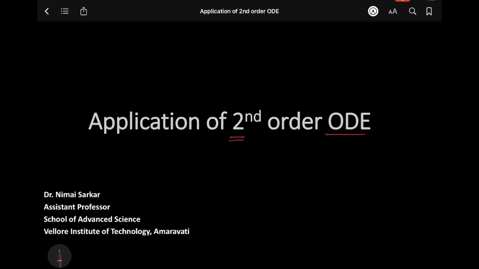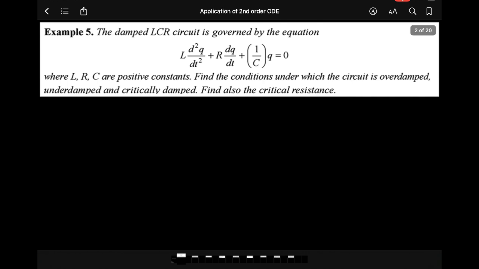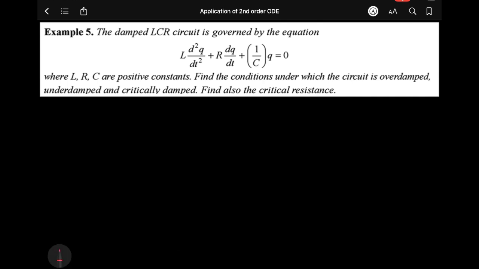So application of first order ODE already we discussed in our first lecture. You can refer to that lecture, I think in this playlist you will find the first video where with the basic understanding we have considered the application as well. Now we are moving to the application of second order. Now here this is the first question we are having.